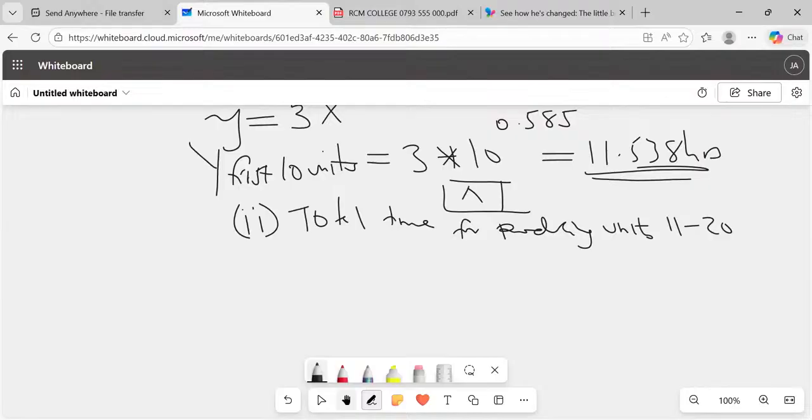The stem, we already have it, and the equation is up there. So now they want us to give them the total time for producing units number 11 to what, somebody? Just try it, even if you don't get it.